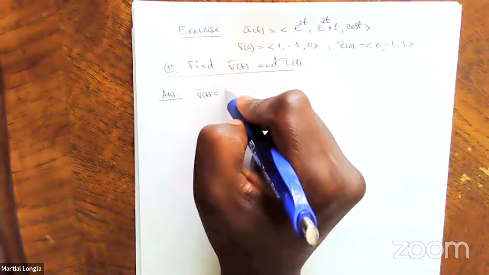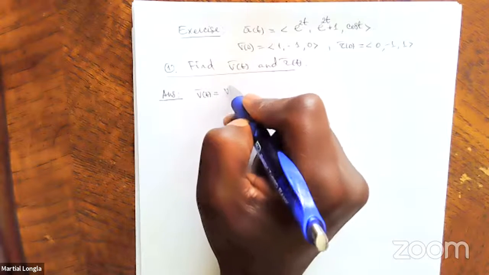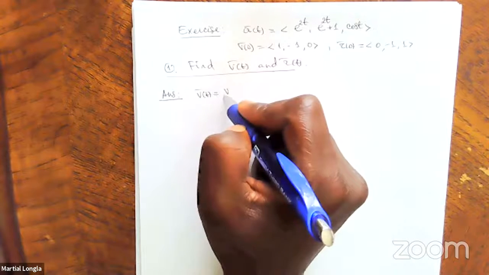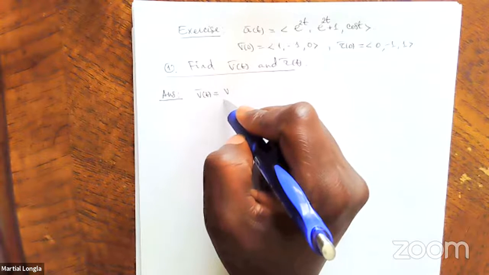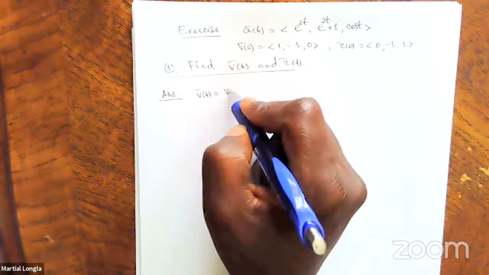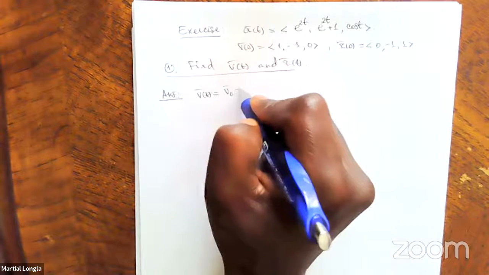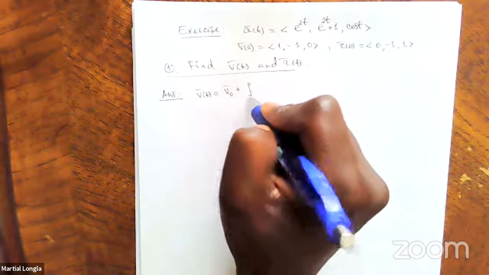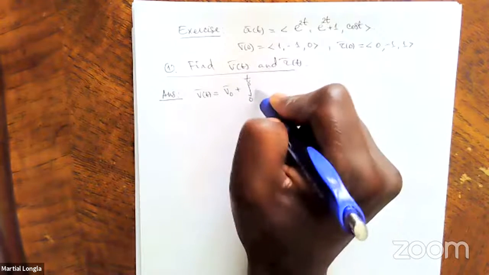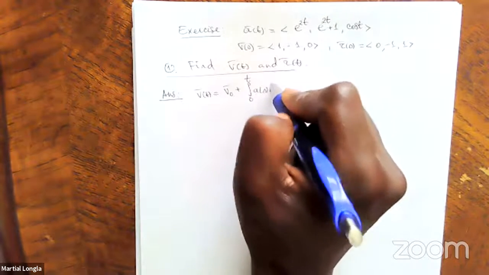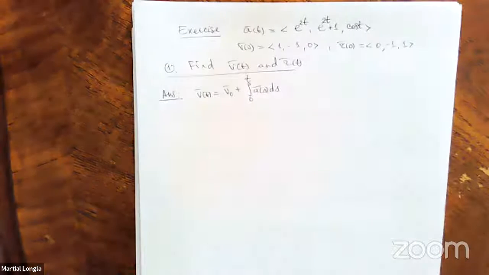V of t equals a prime of t plus v0. This is the starting point.